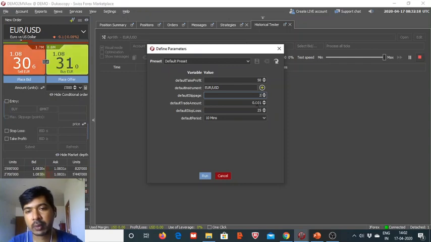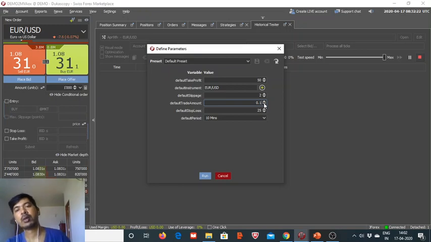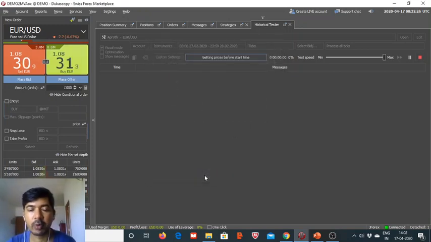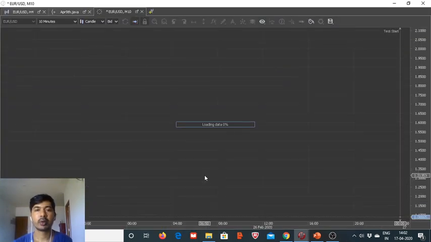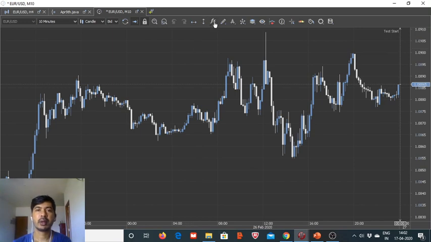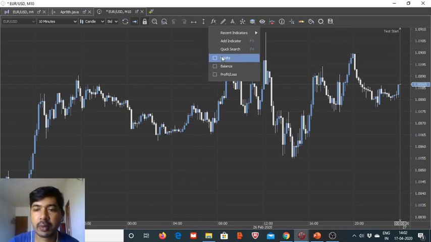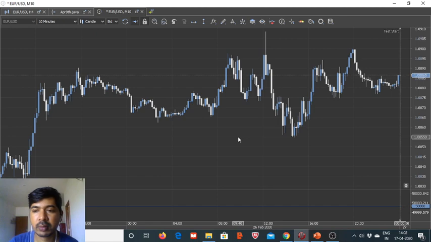Two pips, and here the lot size is, we don't need to make any changes in stop loss or the take profit. It should be good as it is. And here we add the equity chart.